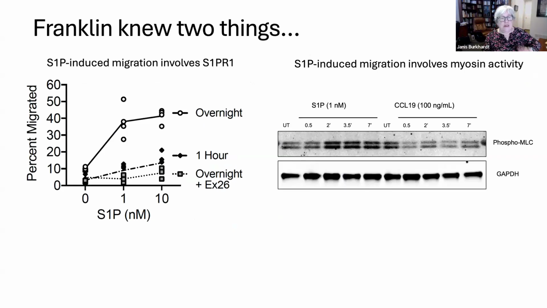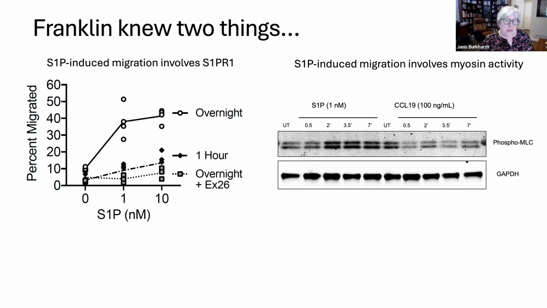So Franklin, when he started this project, he knew two things based on Tanner's work. He knew that S1P signals T cell motility, naive T cell motility, through one receptor, S1P receptor 1. There's 5 receptors, so that's important. And two, I showed you this, S1P activates myosin light chain phosphorylation, and so we know that myosin activity is involved in this process.